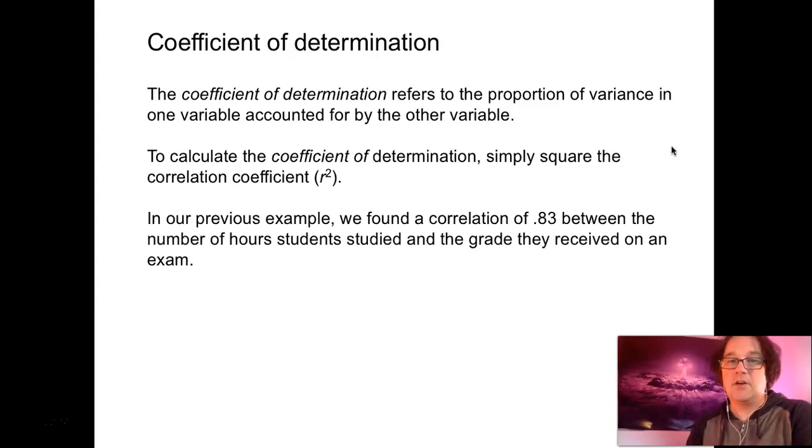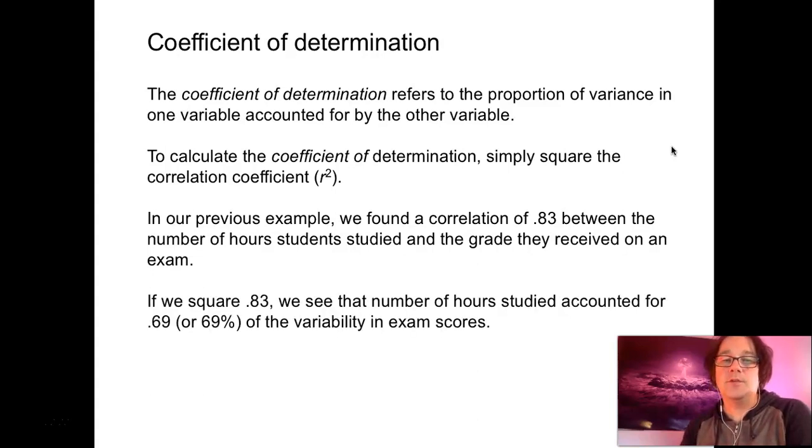So in our last example, the data we've been using of exam scores, the number of hours students studied and what they got on their exam, we found a correlation of 0.83.